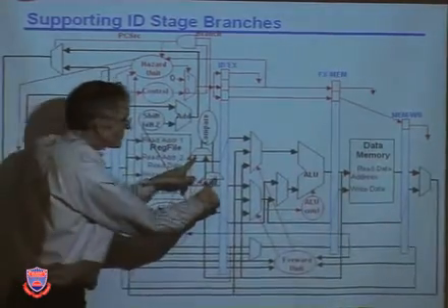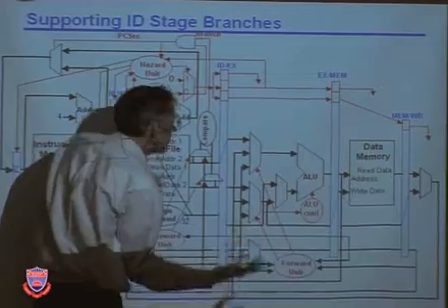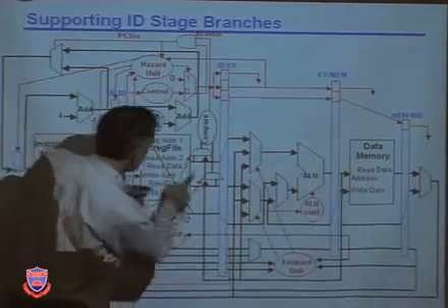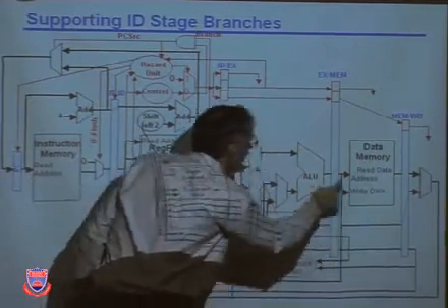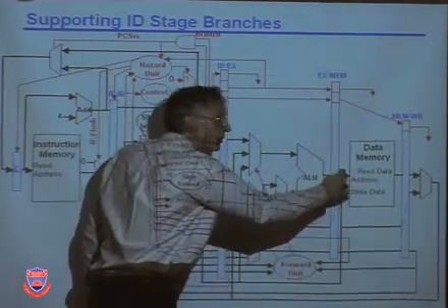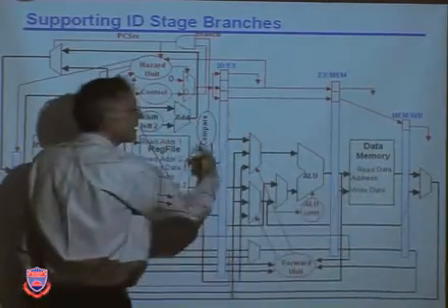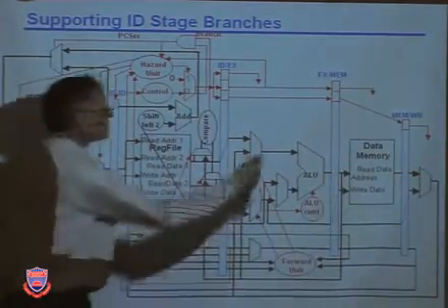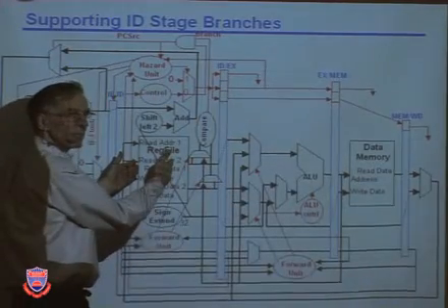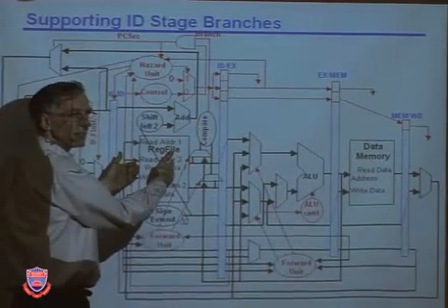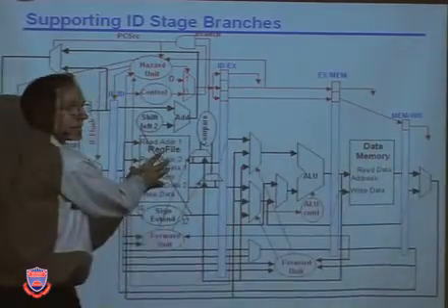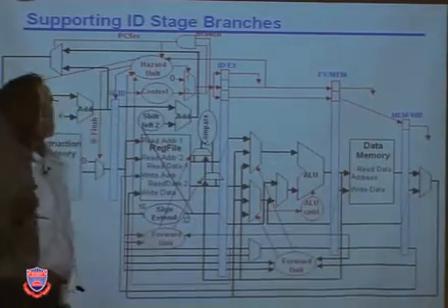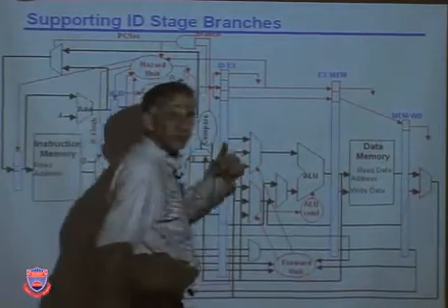Now, you'll notice there's some muxes here, and we're bringing something else into it. What are we bringing into it? This thing, which is, we're forwarding from the output of the ALU to here. Can anybody tell me why we would take something from here instead of taking it from here? Because it hasn't been written into here yet, and we're grabbing it from the place where it's been calculated.